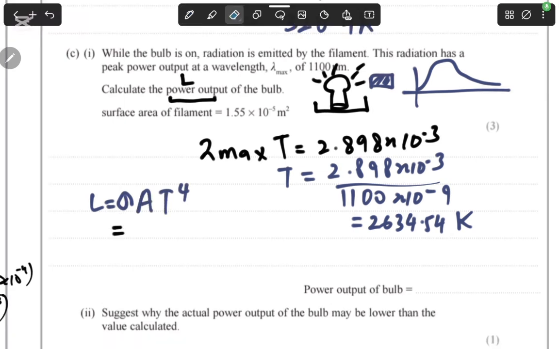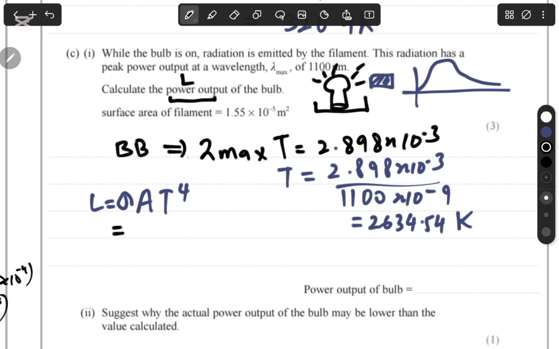Now we can use this formula because we know the temperature, and we could use the formula above as well because we assumed that it was a black body, and on the basis of that we found the temperature. Now we can use this formula to find the luminosity, which is basically the total power output.